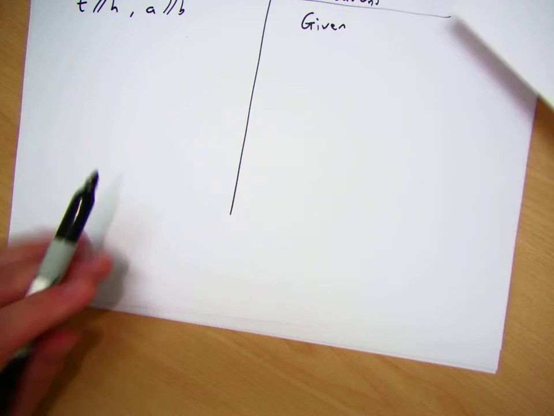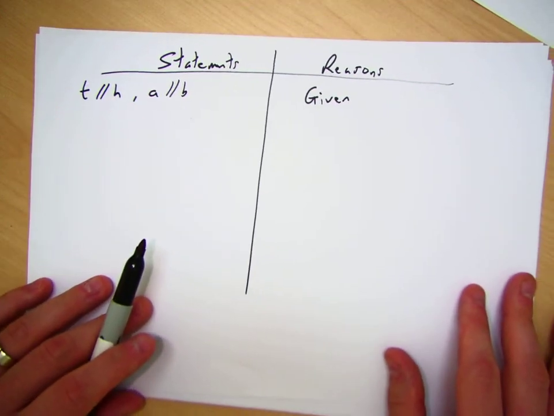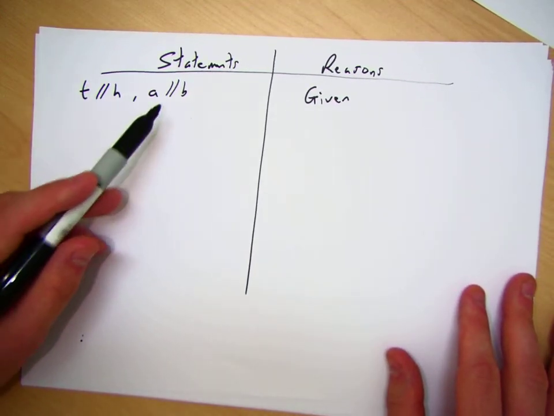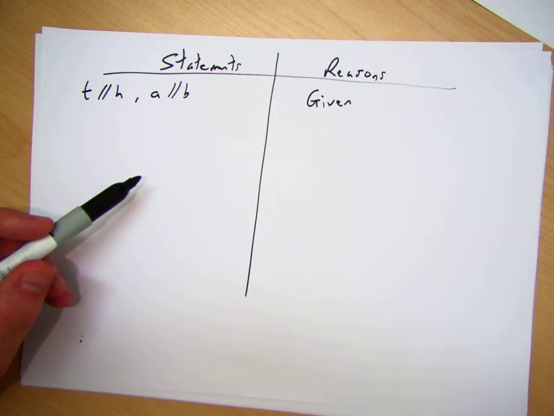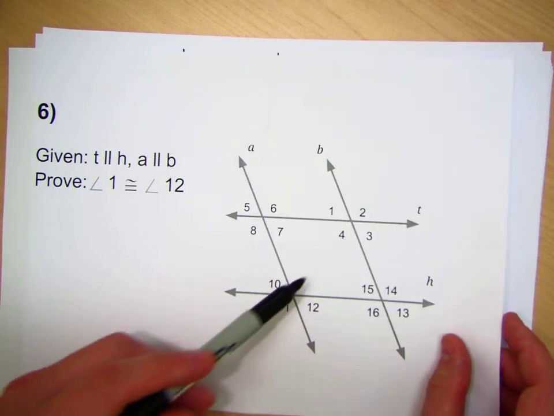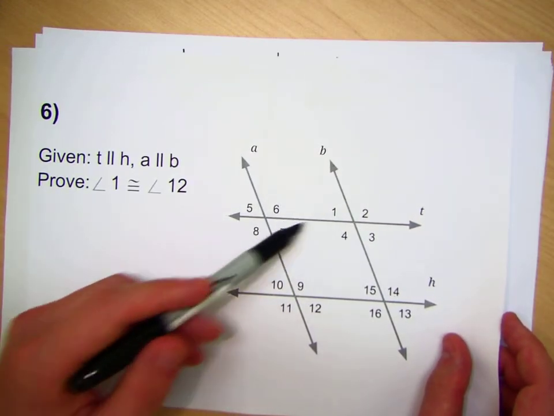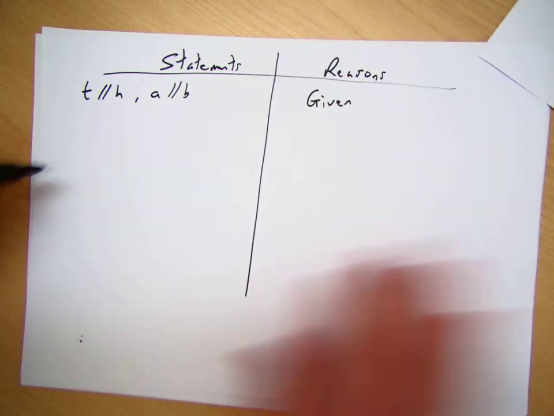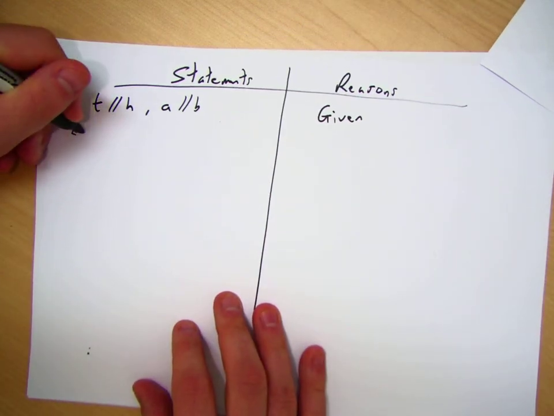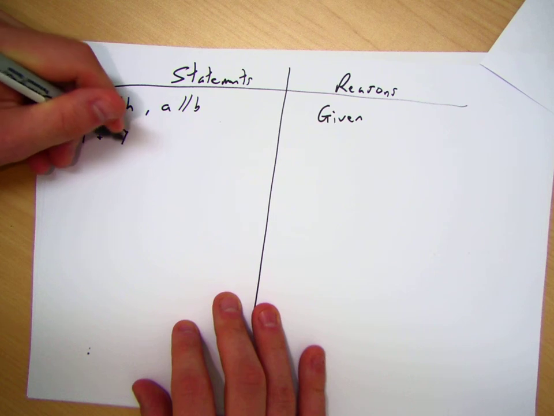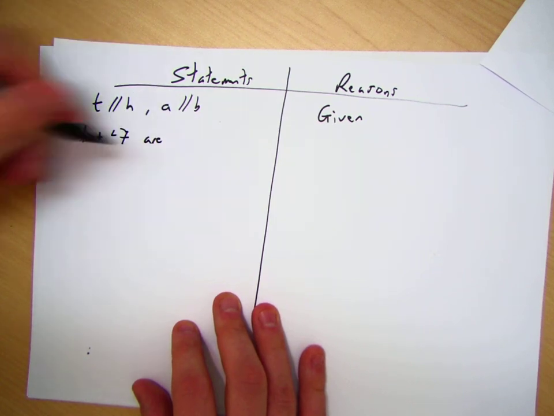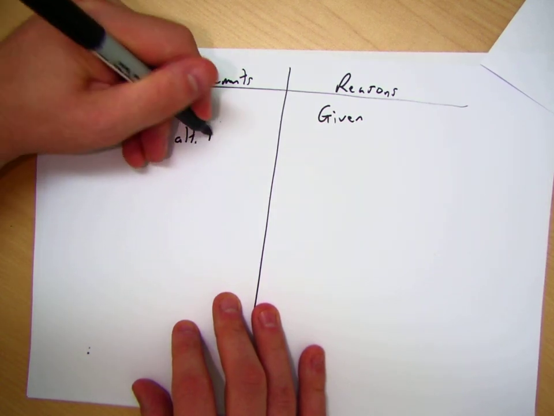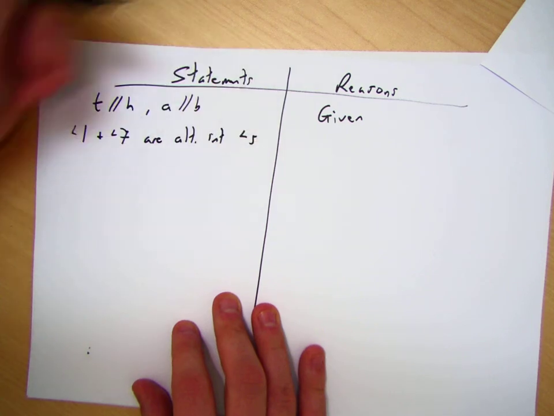And so when I look at this, I have my givens written here: T is the same as H and A is the same as B. The first thing I'm going to say is talk about 1 and 7 being alternate interior angles. So I'm going to say that angle 1 and angle 7 are alternate interior angles.